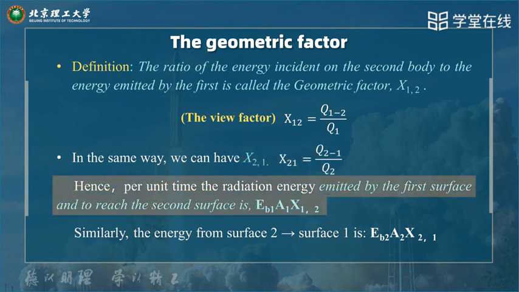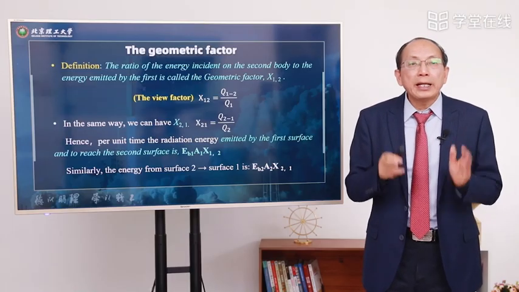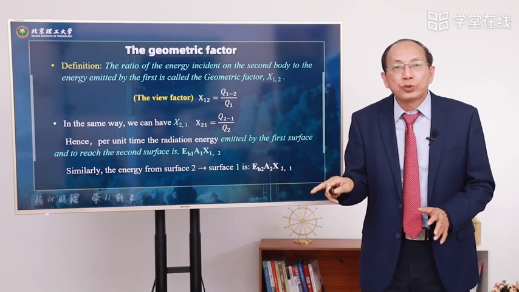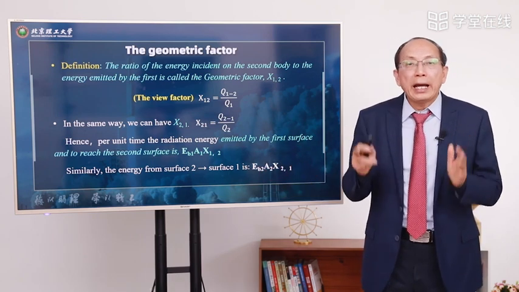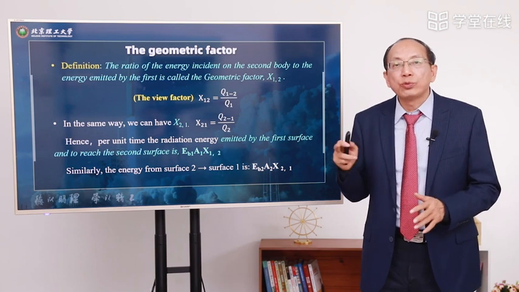Hence, per unit time, the radiation energy emitted by the first surface that reaches the second surface is EB1 times A1, where A1 is the area of surface 1, times x1 to 2. This means the part of the energy emitted from surface 1 that reaches surface 2. Similarly, the energy from surface 2 that reaches surface 1 is EB2 times A2 times x2 to 1.